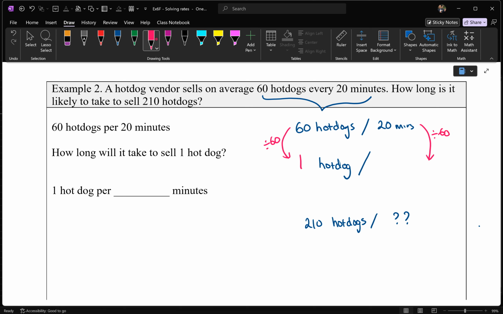Now, what's 20 divided by 60? Well, 20 divided by 60 simplifies down to 2 over 6, which is 1/3. So it's actually 1/3 of a minute. Okay, so that means that one hot dog is sold every 1/3 of a minute.